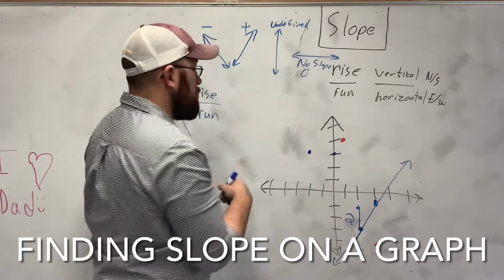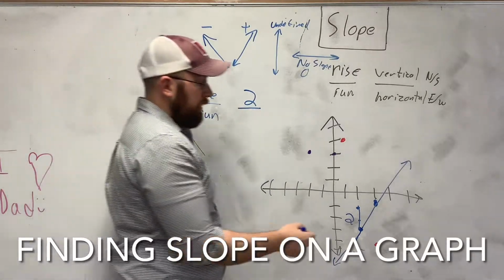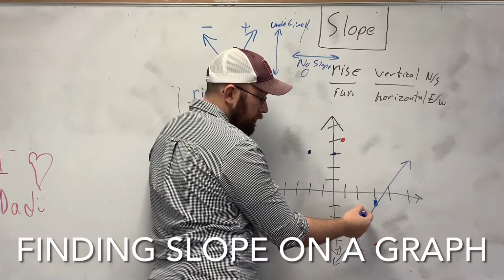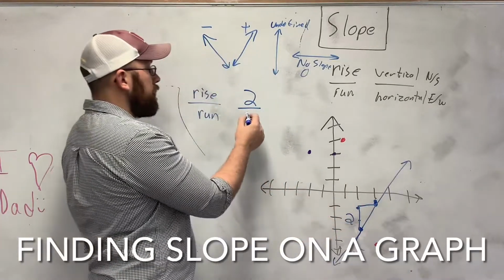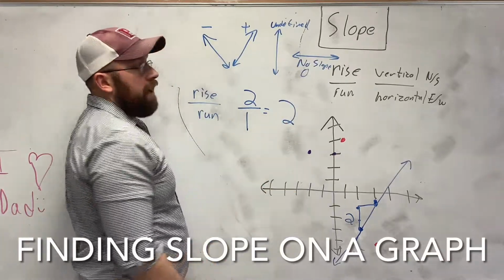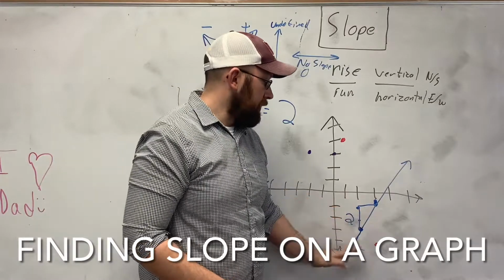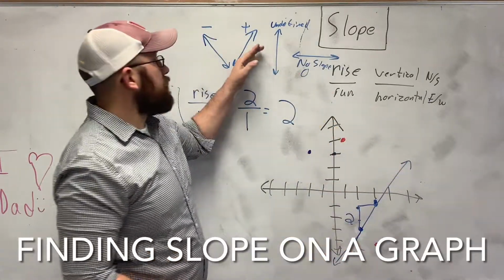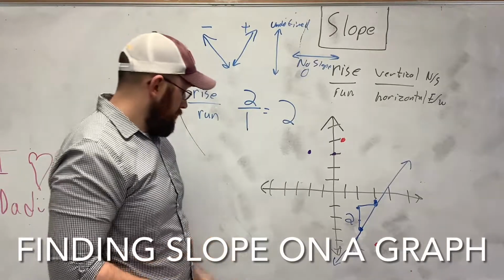I rose up 2. Now I need to get over. Up 2, I only have to move over 1. So my answer is 2. Now to put the negative or positive on it, you just look at how the line looks. This one is a positive shaped line, so it's positive, but you don't put the addition sign.